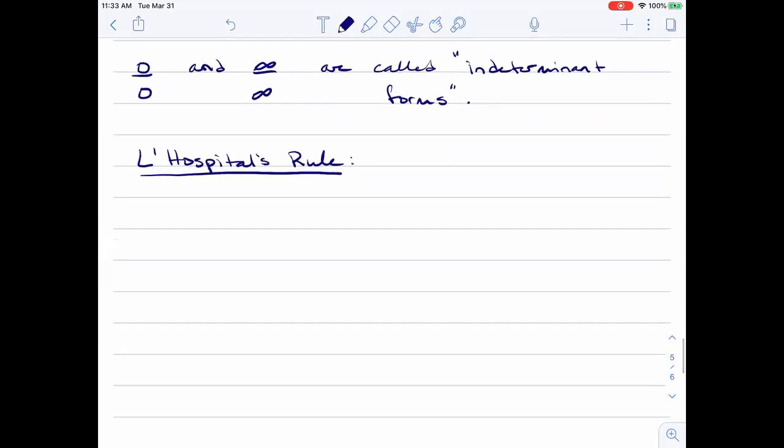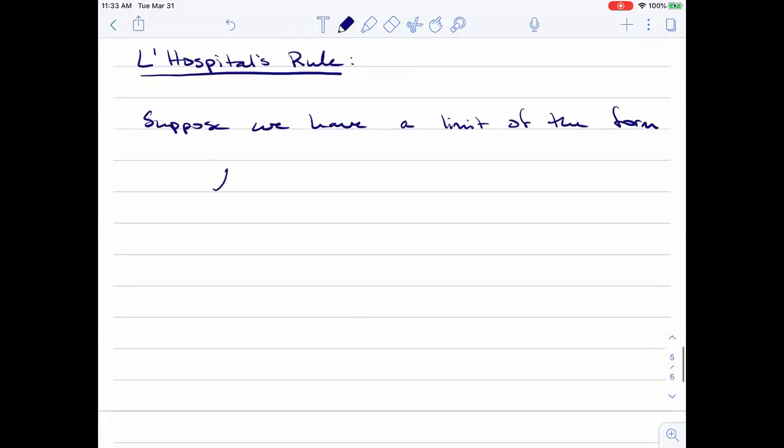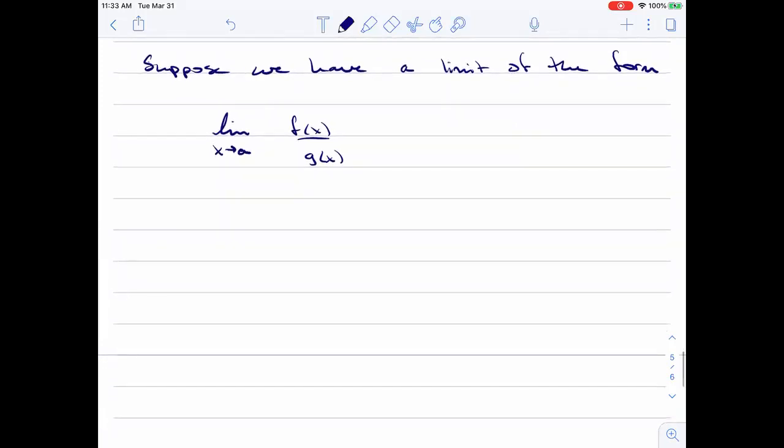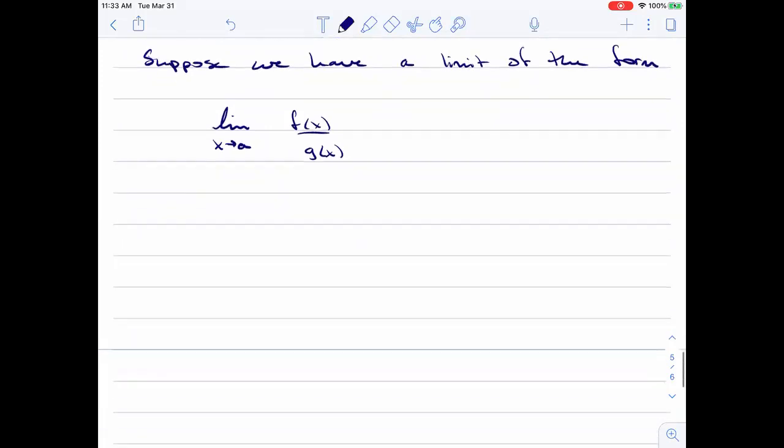L'Hopital's rule says that if we have a limit, so suppose we have a limit of the form, the limit as x approaches any a, and a can be infinity, of f of x over g of x. Okay, so just any limit where we've got a fraction.